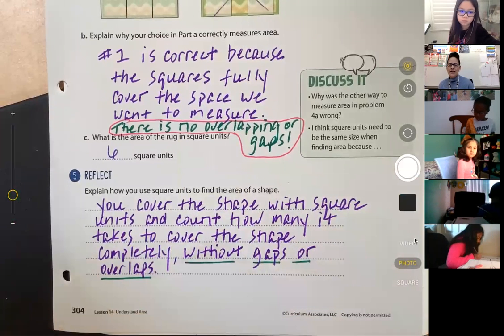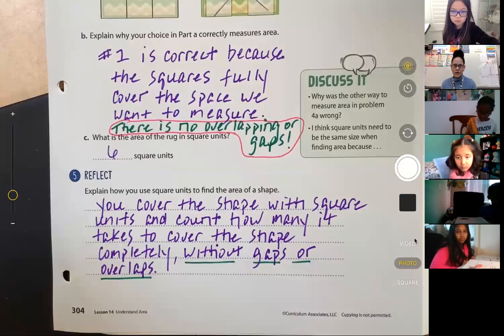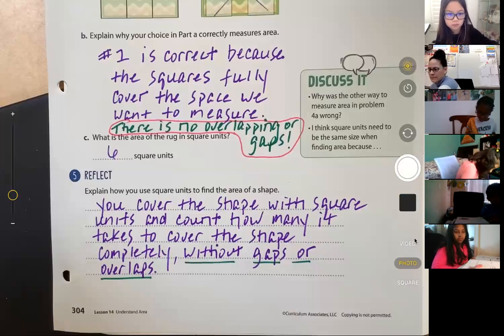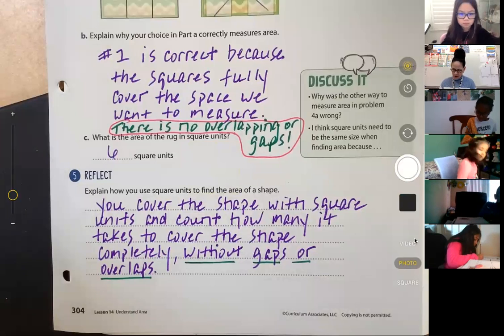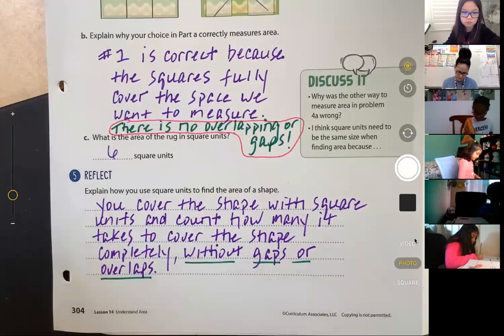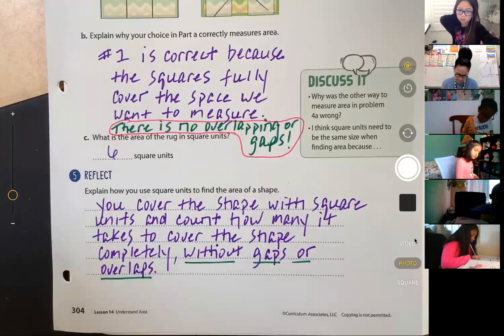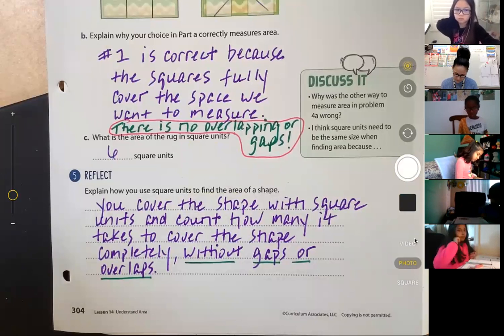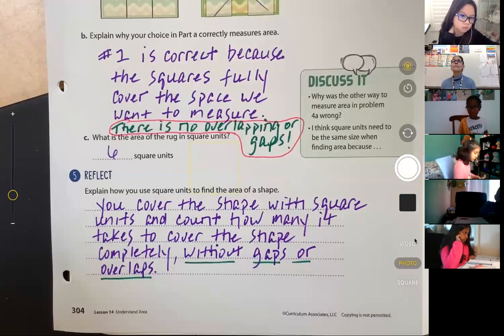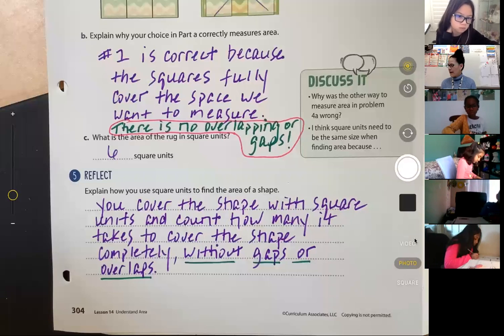You cover the shape with square units and count how many it takes to cover the shape completely without gaps or overlaps. I'm going to give you a moment to get all of that written down. All right, friends.